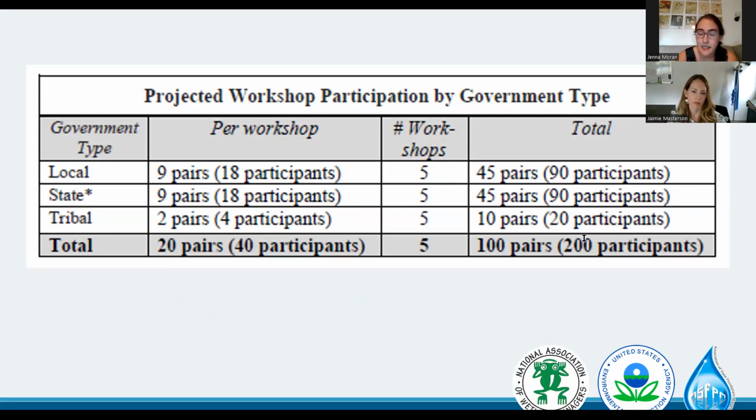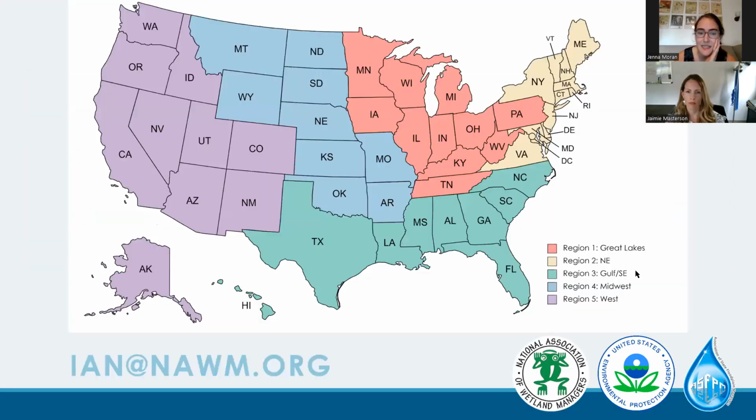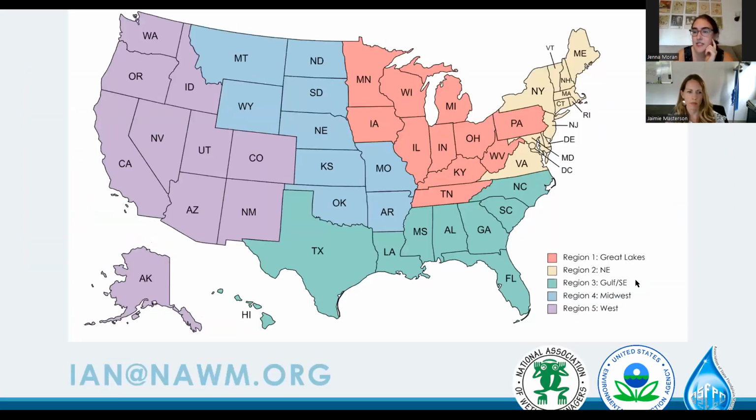And the state and territory pairs that will be part of the program are going to be from the same states in which local communities that are participating are located, again, to create those relationships across sectors, across various levels of government. Due to capacity, the training cohorts are invitation only.